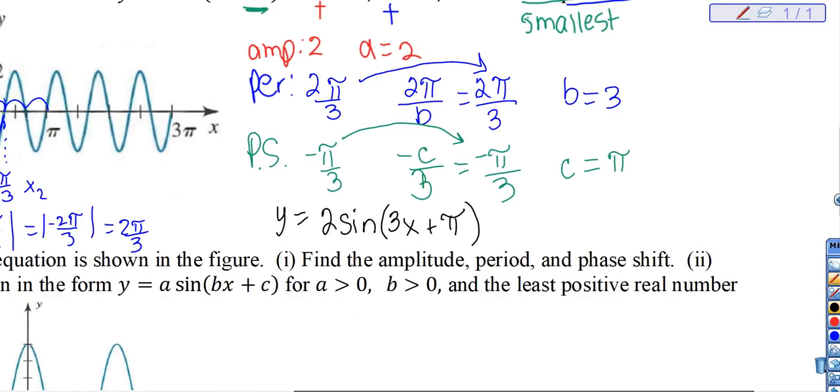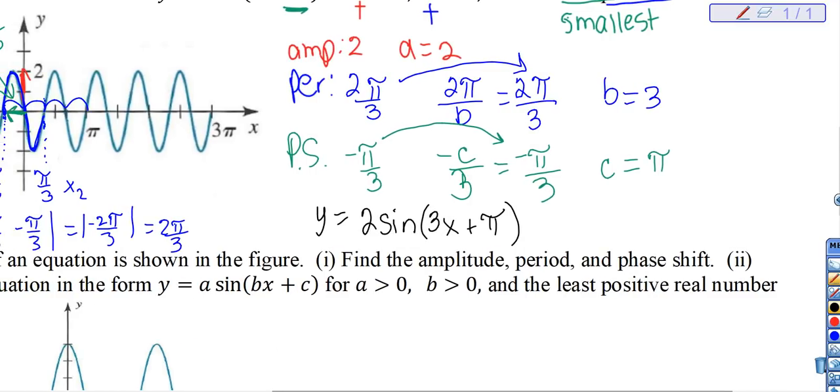So if I were to just come over here and say, okay, here's what I know about my period with my phase shift, for the shortest shift to the left possible, we started at negative pi over 3, less than or equal to our value of x, less than or equal to pi over 3. That was our final period change with the phase shift.